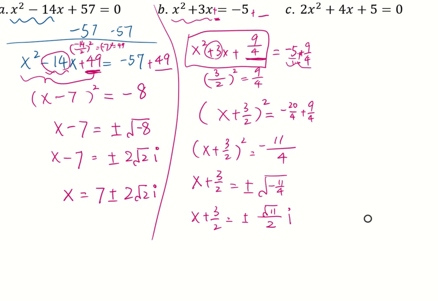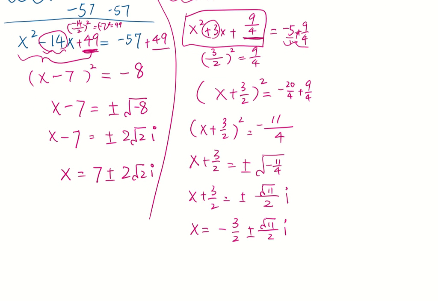Now leave x by itself. x equals negative 3 over 2 plus or minus square root of 11 over 2i. If you want, you can even write your solution like this: negative 3 plus or minus square root of 11i over 2.